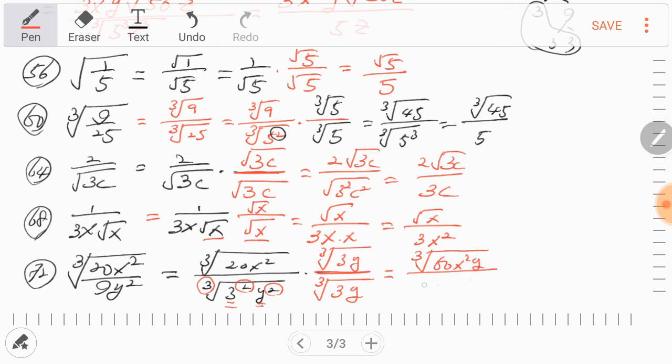The denominator is cube root of 3 cubed y cubed. So the numerator stays the same, cube root of 60 x squared y, and the bottom is 3y. Can you make this 60 a product of cubes? No, right? That's it.